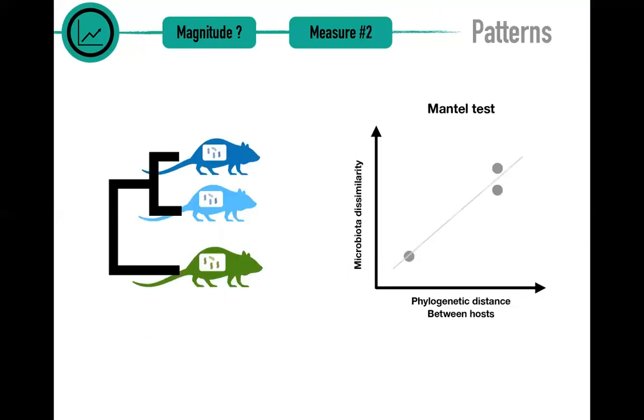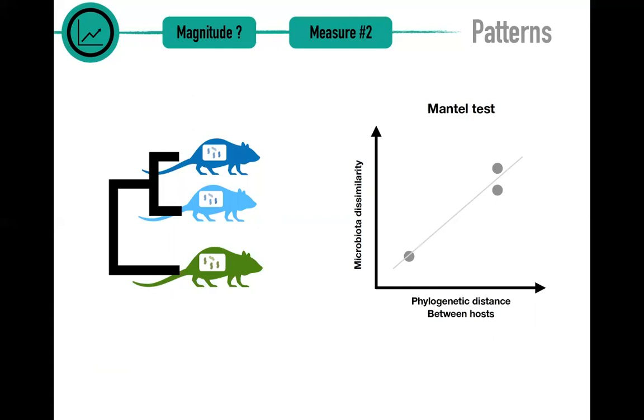The measure for that is relatively easy. You just plot the dissimilarity in microbial composition between two species against their phylogenetic distance, and you can do a Mantel test to test the correlation. In a way, it's measuring the phylogenetic signal in microbiome composition.